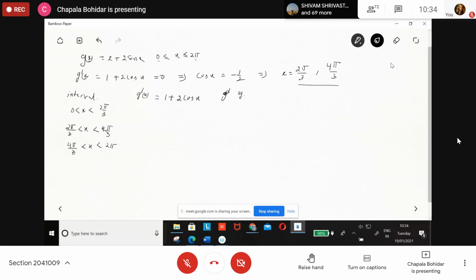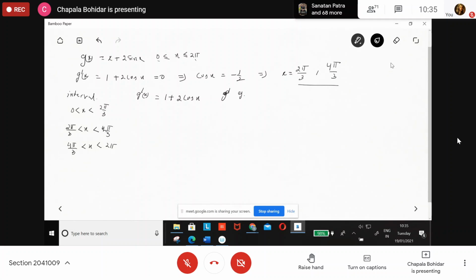So here, g dash x is equal to 1 plus 2 cos x. Is it positive or negative on this interval? When I am putting 0, cos 0, what am I getting?